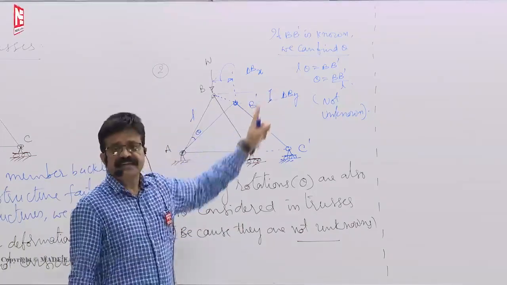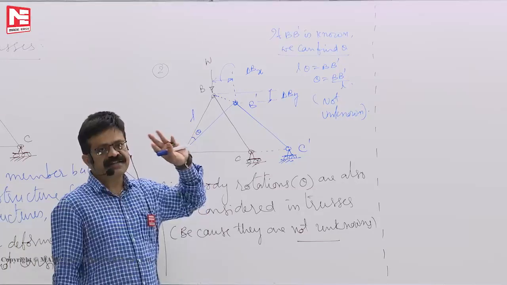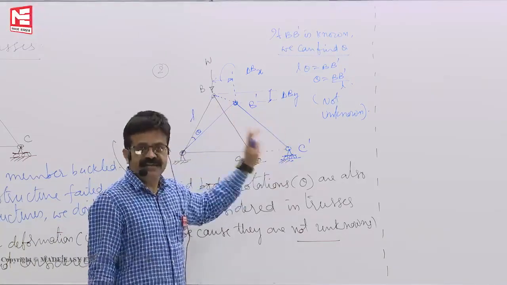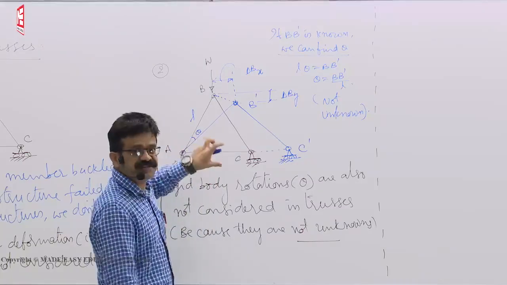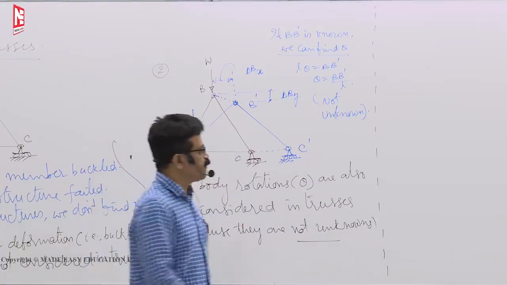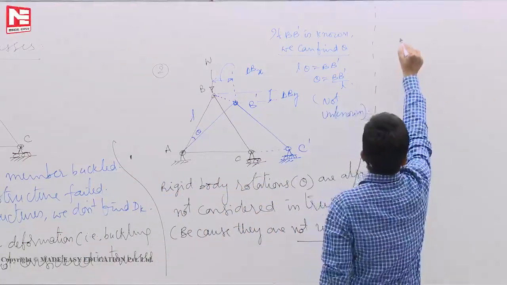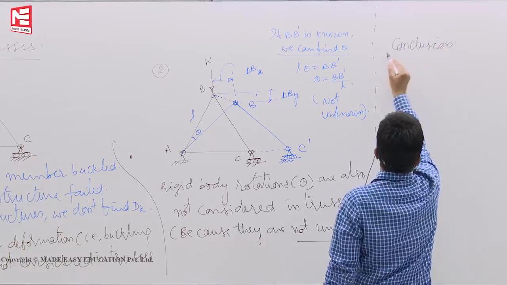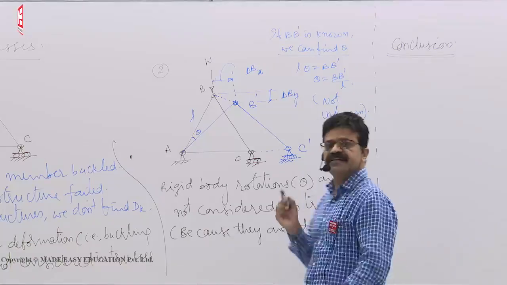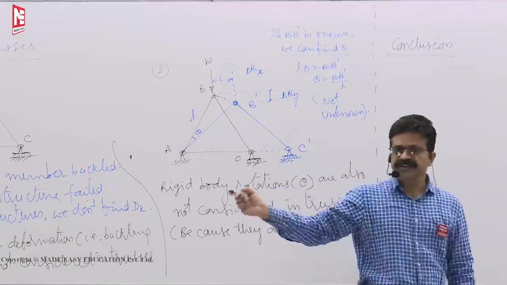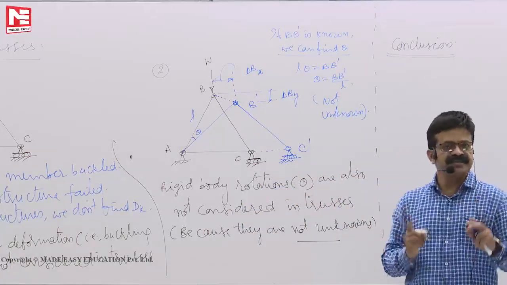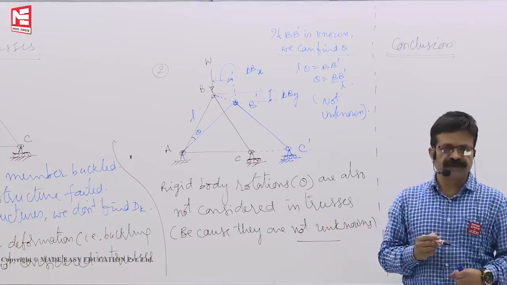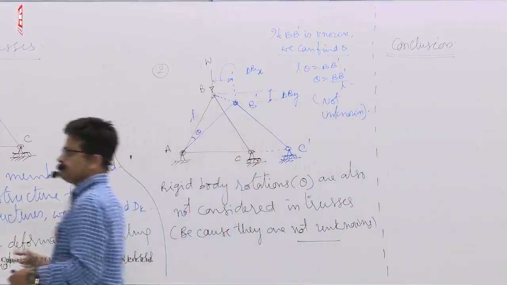Only translatory displacements we will consider in trusses. At each joint, two linear displacements are possible. Rotations we will not consider. Okay. So, that is your final conclusion. Due to different reasons, we will not consider rotations. One rotation we will not consider because it means the structure failed. Another rotation we will not consider because it is not unknown.